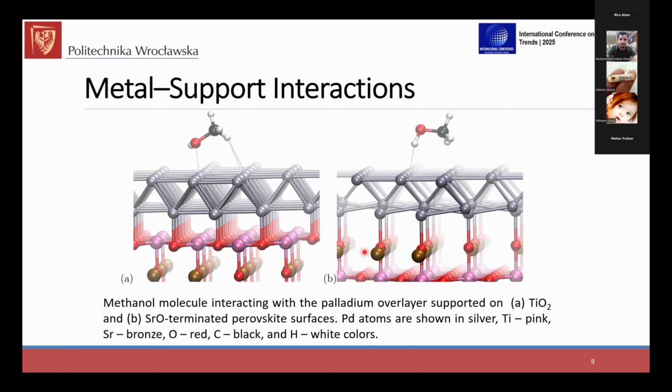In contrast, in the TiO2 terminating system, this is a little lower, and this makes less geometric distortion as compared to the SrO system. And due to this, the difference between the terminations strongly modifies the palladium electronic structure and geometry, which in turn explains how the reaction intermediates bind, and the contrasting catalytic behavior of the electrocatalyst for methanol electrooxidation.